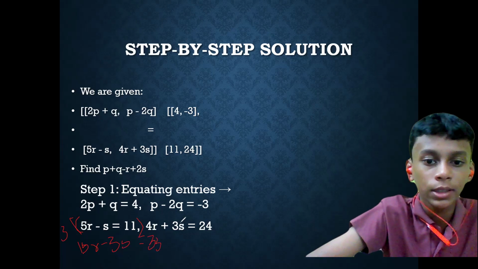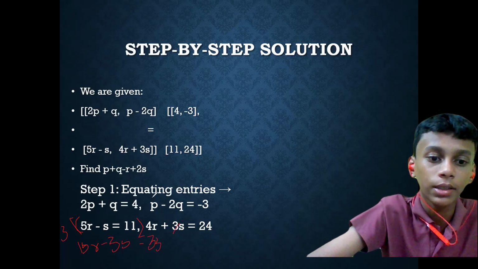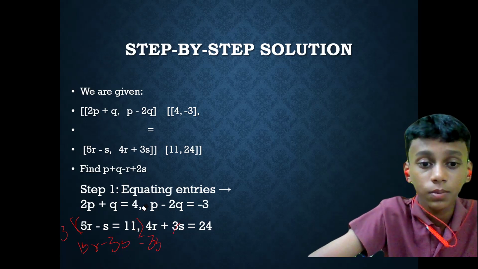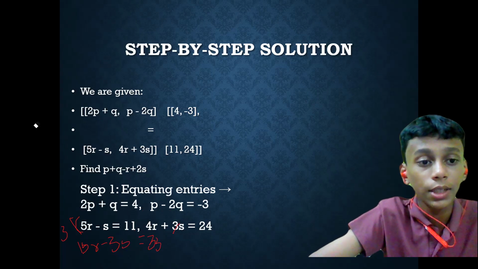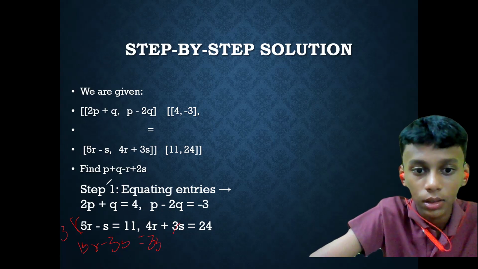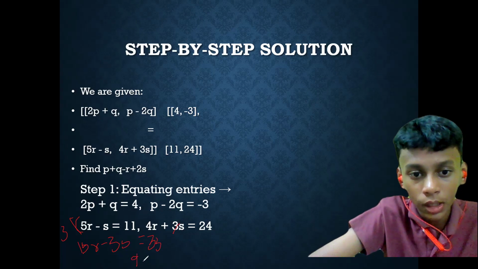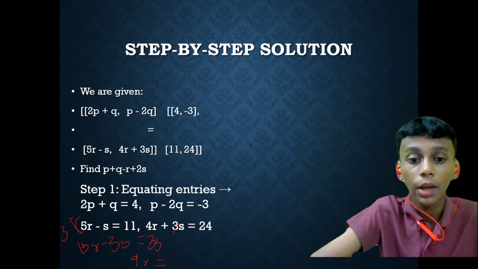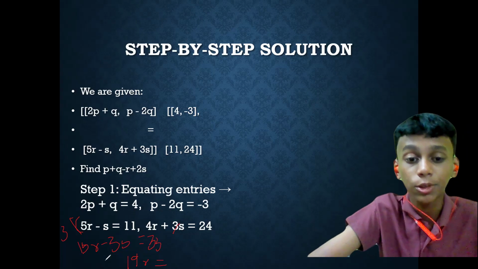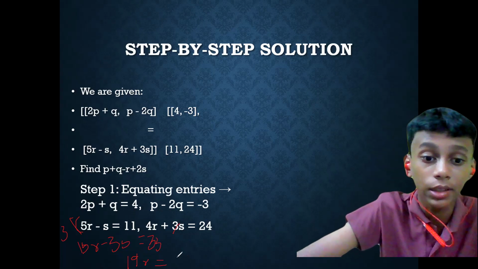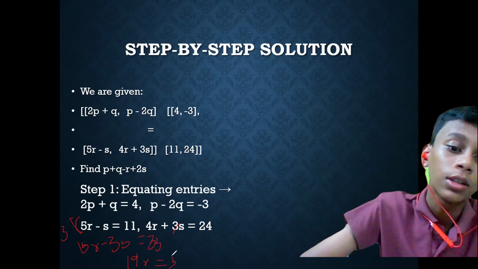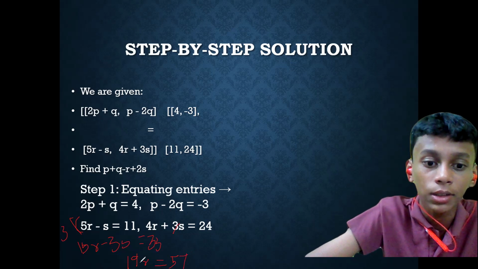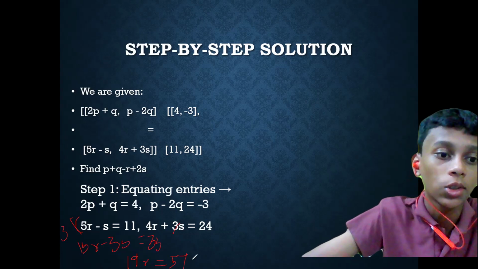Okay, now we can cancel this 3s and this 3s, which leaves us with 19r is equal to, since it is 15, 19r is equal to 57. So we'll get the r value as 3. 19 into 3 is equal to 57. So r value will be 3.